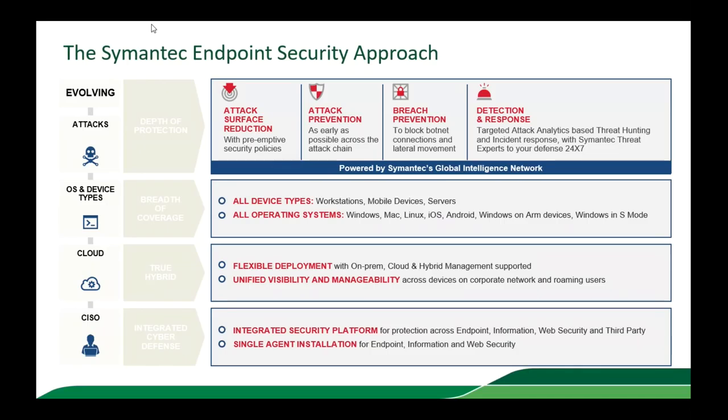Then this intelligence will be shared all over the world with all the endpoints that have Symantec in the next updates. Also, Symantec has different researchers who do the research, and after they identify threats, we share this intelligence with all our endpoints, all our Symantec devices.